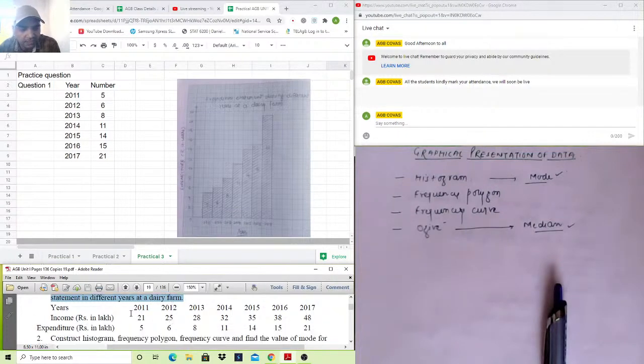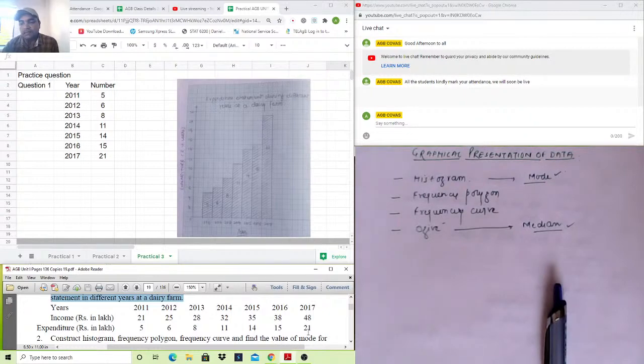We have the years 2011, 2012, 2013, 2014, 2015, 2016, and 17. Accordingly, we have income in rupees about 21, 25, then 28, then 32, then 35, 38, and 48. And we have expenditure of 5 lakh, 6 lakh, 8 lakh, 11 lakh, 14 lakh, and 20.